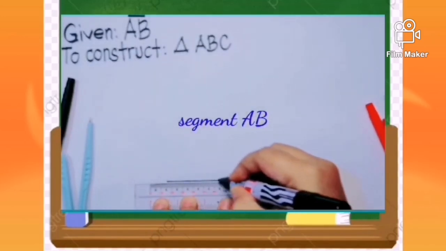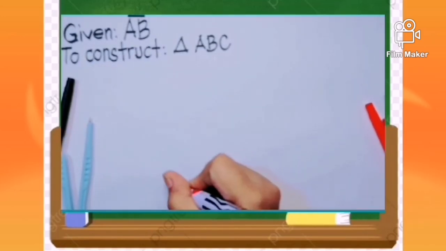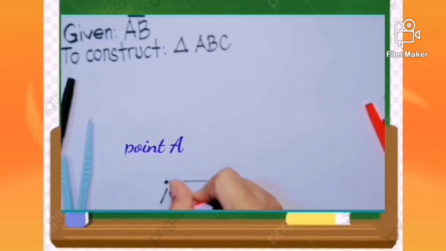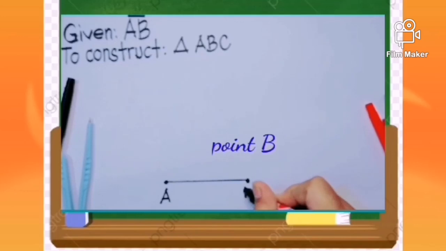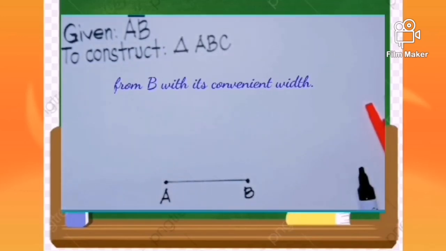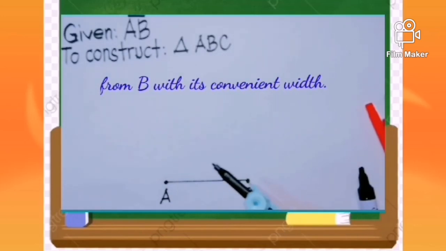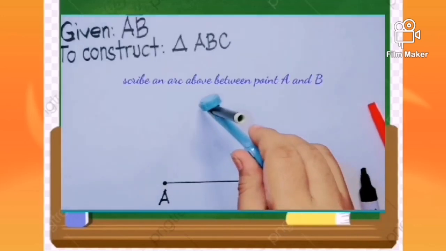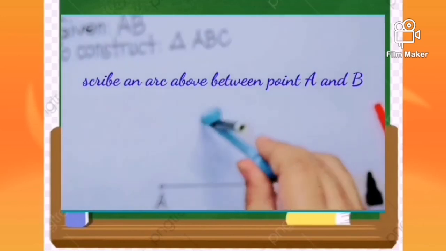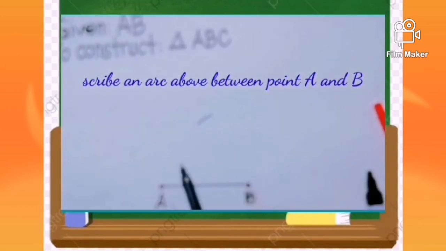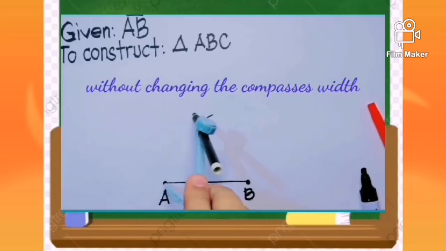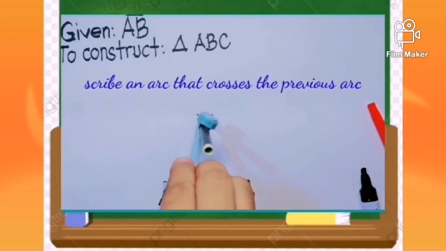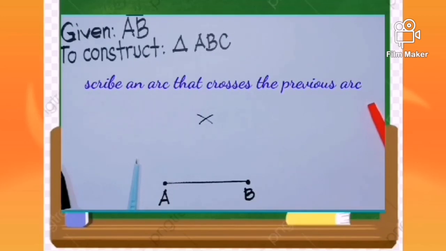AB. So we have here our point A, and this will be our point B. So from B, with a convenient width, we have to scribe an arc above between A and B. Without changing the compass's width, we have to scribe another arc that crosses the previous arc.